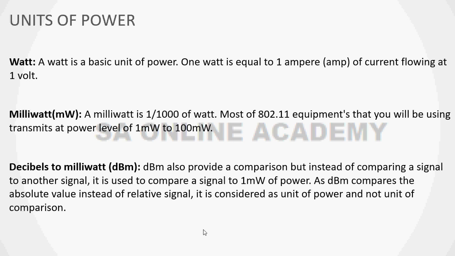The second difference is that dBm can be negative, but dBi is always positive. Friends, always keep this in mind: dBi is always positive because it's a gain. It's always a gain or focus. It can be zero but never negative.